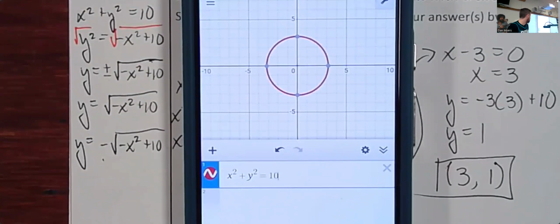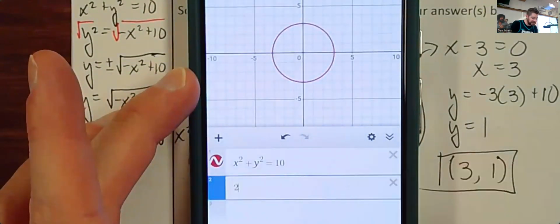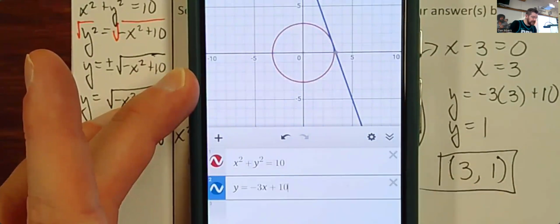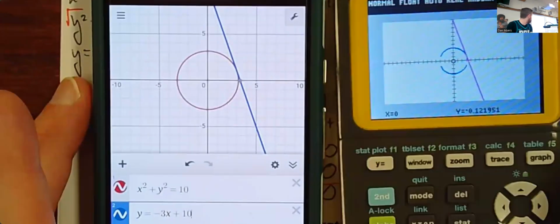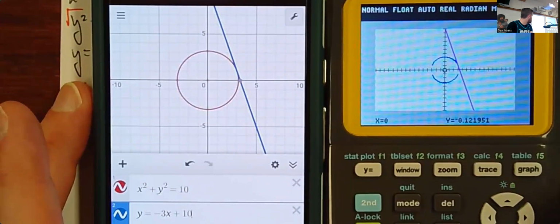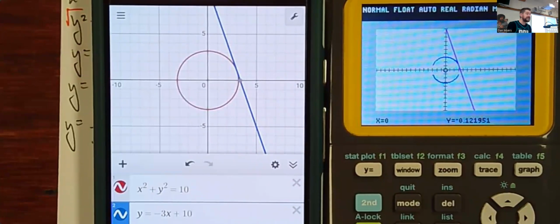It just understands what you're doing. And then we can graph the other one. We can say y is equal to negative 3x plus 10, and there it is. So same thing. We'll look at them side by side. It's the same two graphs. However, the little invisible parts on the calculator are actually filled in on Desmos. So either way, looks the same.